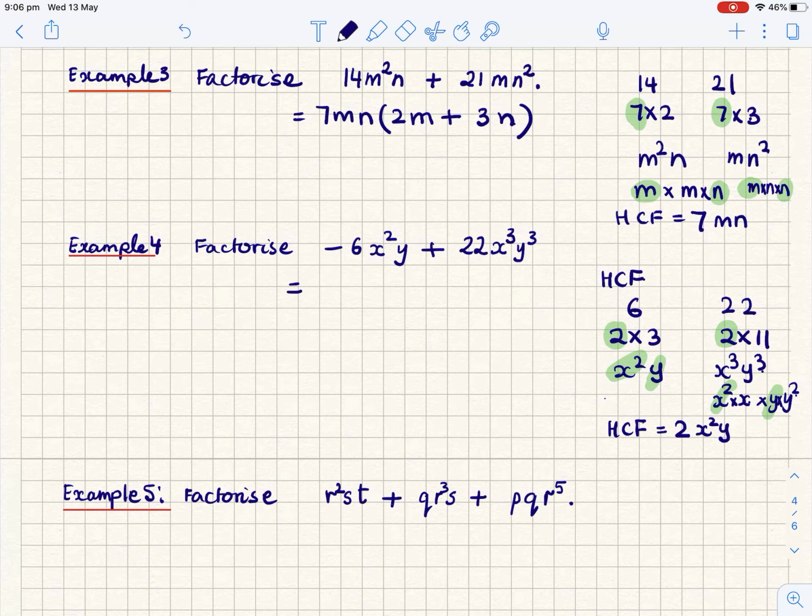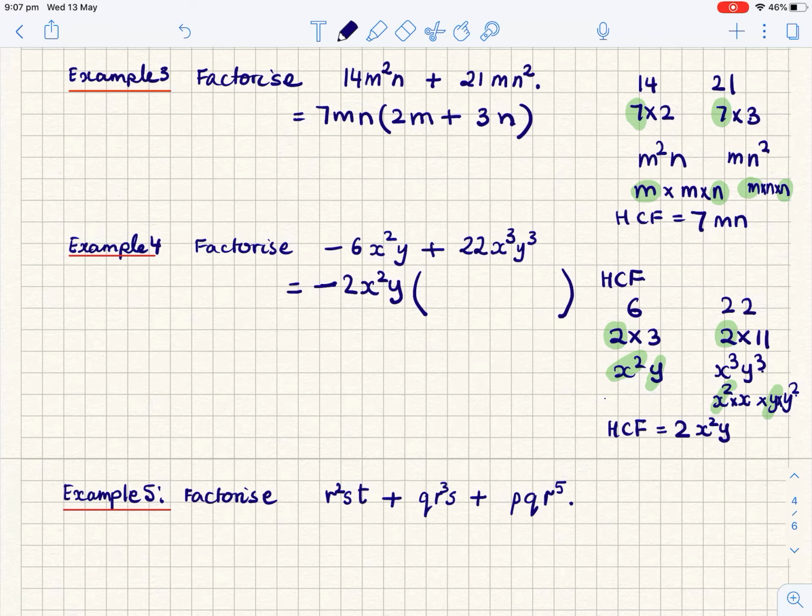However, you need to be careful when the first term is negative. We should write negative term outside the bracket. So in this case, negative 2x squared y. And remember from expanding, when there is a negative term outside the bracket, the sign inside changes. So same here, when you take a negative term common outside the bracket, the sign of the terms will change.